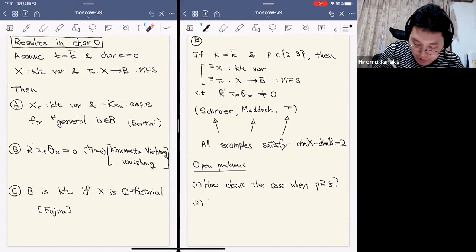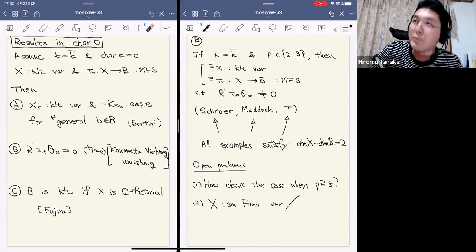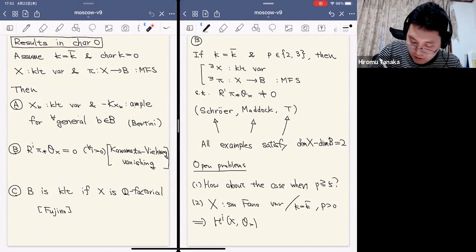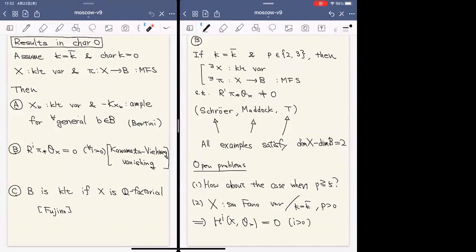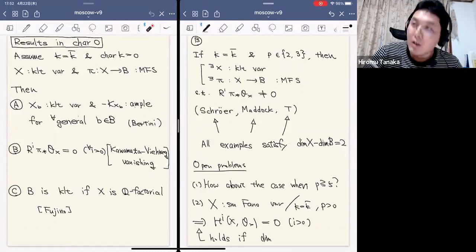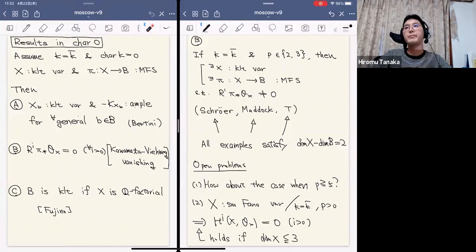So we can ask a similar question for smooth Fano varieties, which is also an open problem: if X is a smooth Fano variety of positive characteristic, then we do not know whether the higher cohomology of the structure sheaf vanishes or not. This is known up to dimension 3. This is proved by Shepherd-Barron and Kawakami.